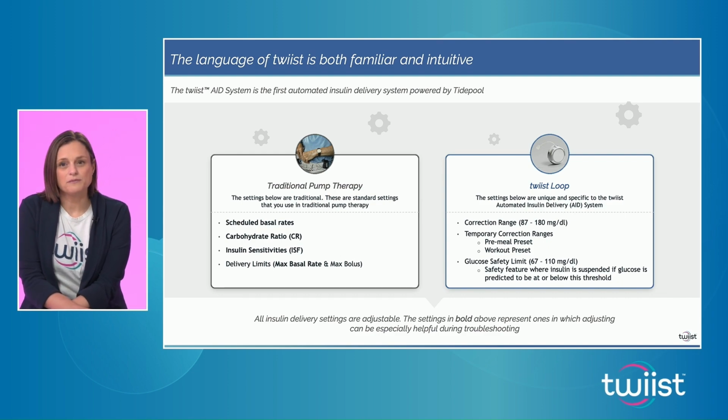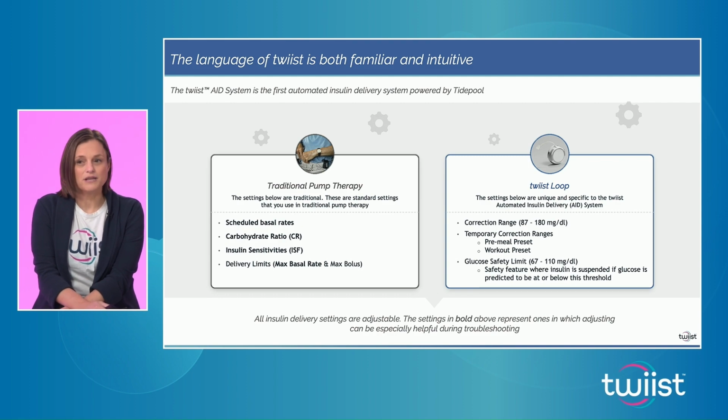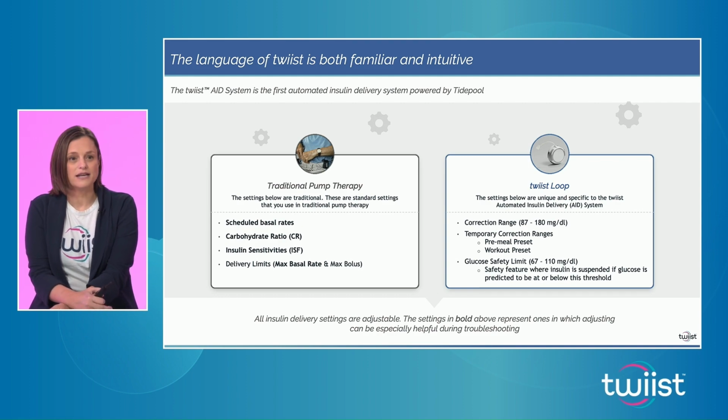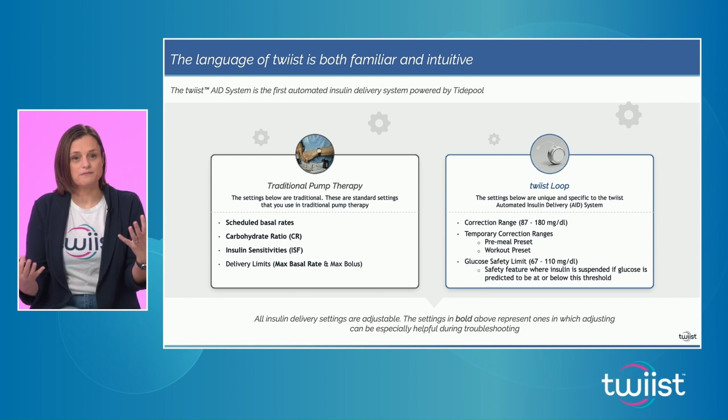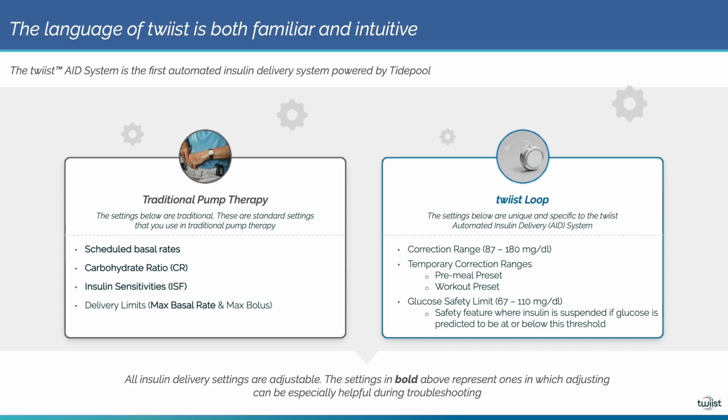If we remember the origins of this algorithm, it was really meant to tell a traditional insulin pump how to make adjustments automatically. So the language of twiist is both familiar and intuitive for those who have used traditional insulin pumps.